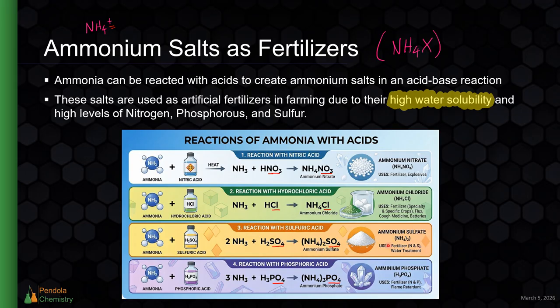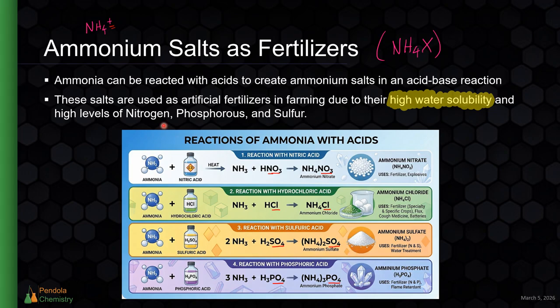Ammonium sulfate, again, is used in fertilizers because of its high nitrogen and sulfur content, but also in water treatment. And ammonium phosphate is very useful for fertilizers because of the nitrogen and the phosphorus, but it's also used as a flame retardant in building materials like drywall, as well as in coatings.